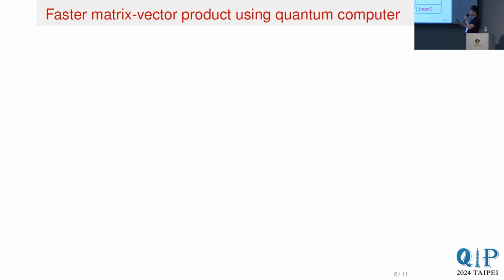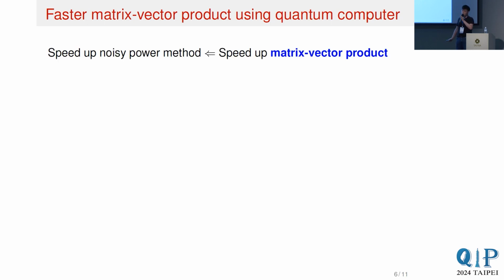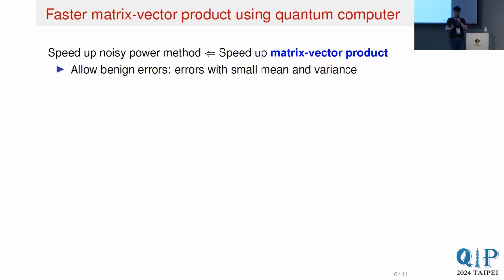Okay, now let's go to our upper bound. As I said, if we want to speed up the noisy power method, it suffices to speed up the approximate matrix vector product. And we would like the output of the approximate matrix vector product to have some benign errors.